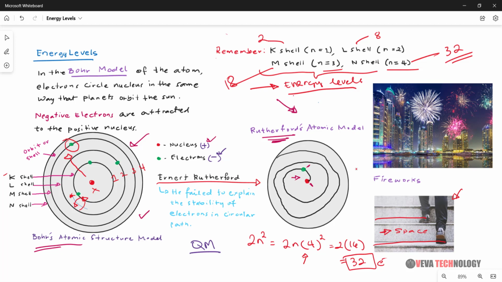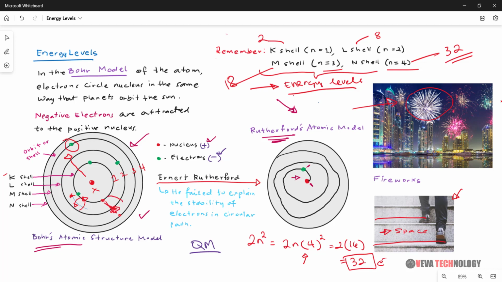Another good example of energy levels in the real world is fireworks. If electrons jump from a higher to a lower energy level, they give off energy, often in the form of light. This explains the fireworks pictured on the screen over here. When the fireworks explode, electrons gain energy and jump to higher energy levels.